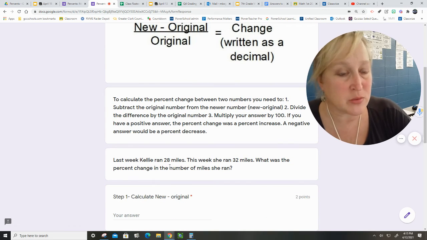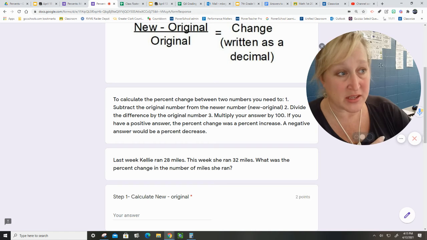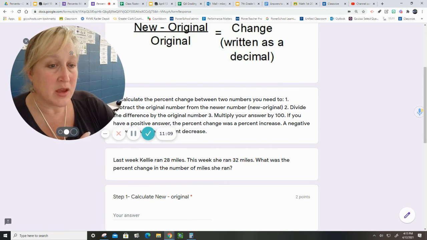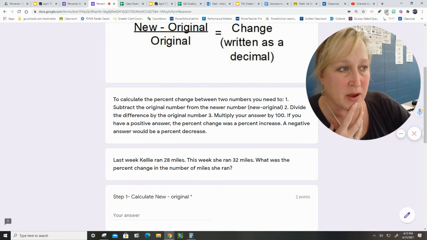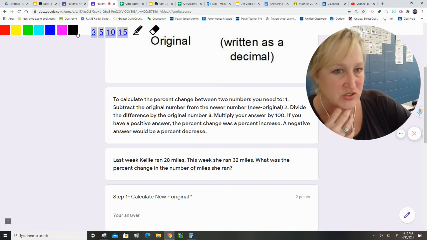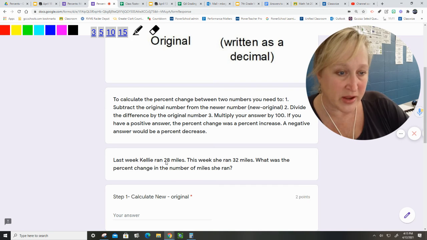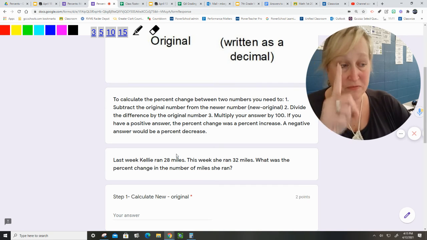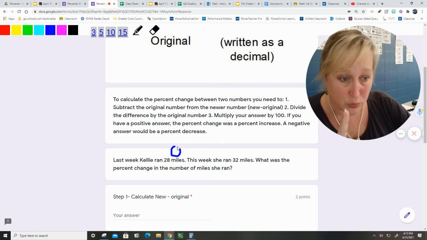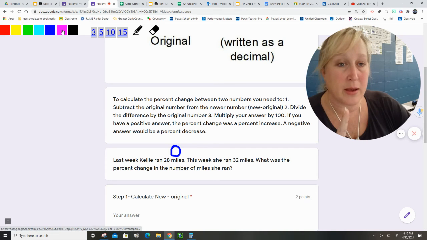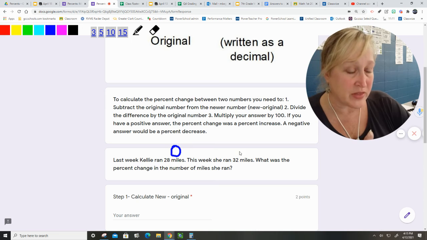All right, so we have some real world problems, and the part that gets me a little tricky is that I get a little confused on which is the new and which is the old. So the first thing that I'm going to do is label. Last week, Kelly ran 28 miles. So that happened first. That is the original. This week, she ran 32.